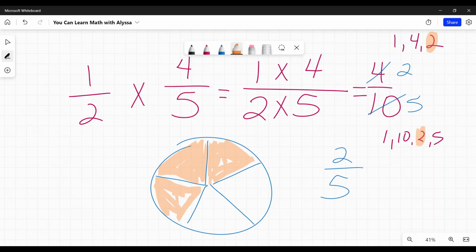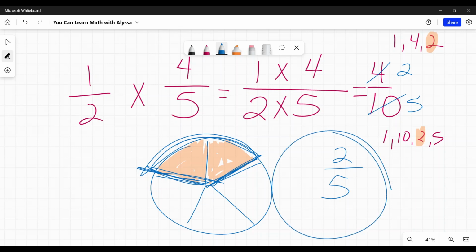Each of these is a fifth of that circle. Like 4 pieces of pizza. And if I said, I have 4 pieces of pizza left, you can only have half. How many can you have? Well, half, I'm dividing by 2. I'd split it down the middle and be like, oh, I can have this portion. Well, how much is that? That is 2 of those fifths, 2/5. So 1/2 of 4/5 is 2/5.